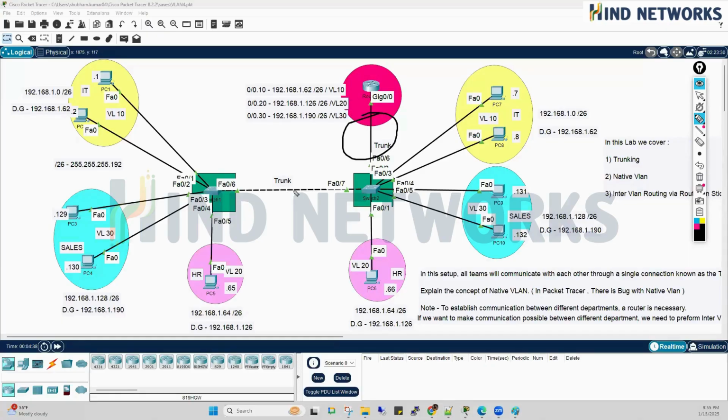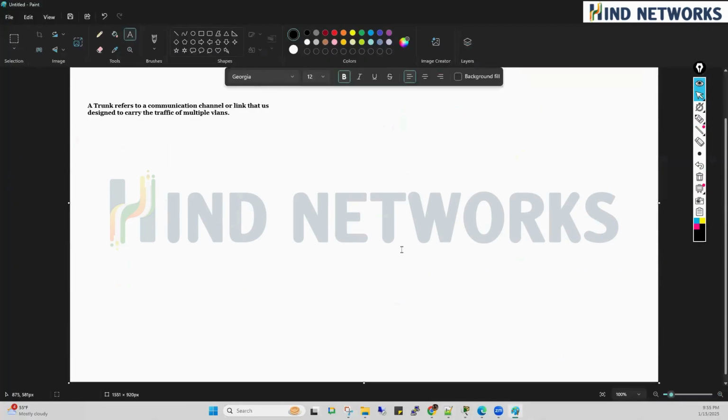At that time between the switches, we had two links for VLAN 10 and 20, but now we have only one link. So the first answer is, if we have the concept of trunk, it decreases the complexity. Our topology is much less complex, but before that it was much more complex.